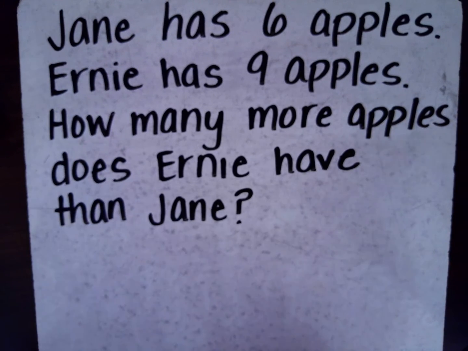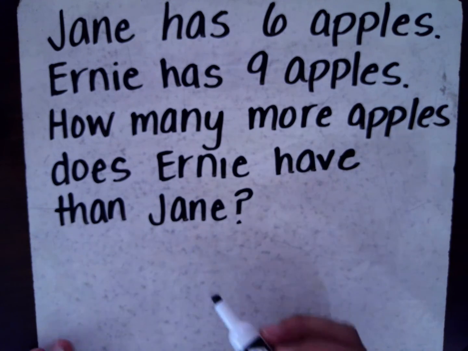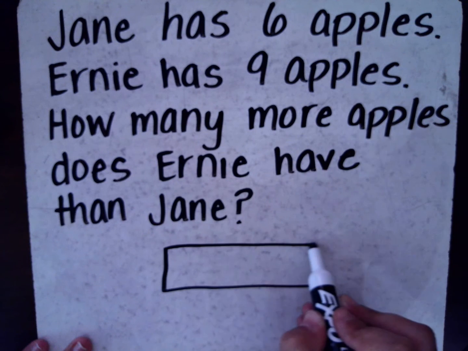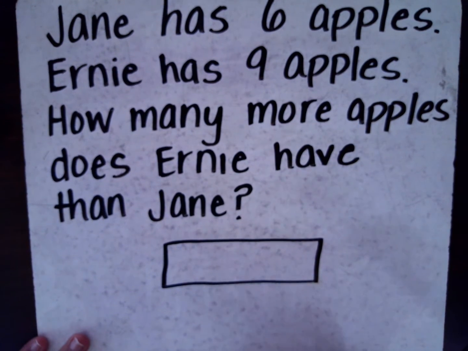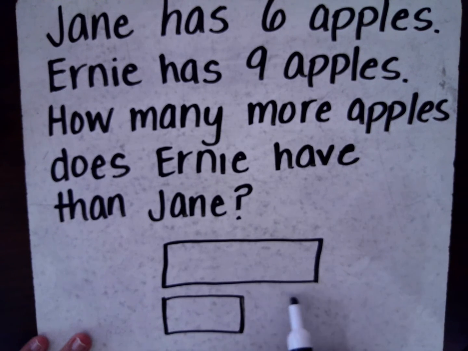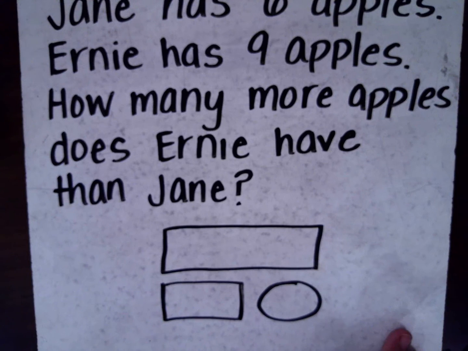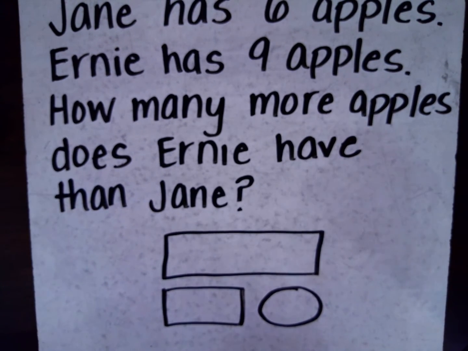Okay, so our comparison bars have a few different parts. I will always tell you to get your comparison bars ready. What I mean by that is you're going to draw one long rectangle. Underneath that long rectangle, you're going to draw a shorter rectangle and an oval or a circle. So when I say get your comparison bars ready, this is what I mean.